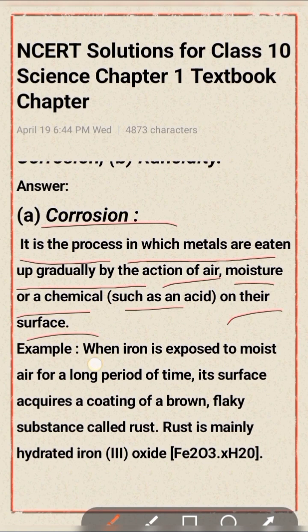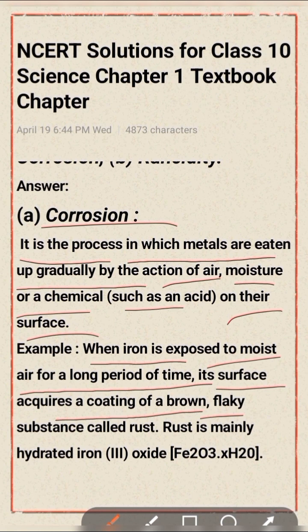For example, when iron is exposed to moisture and air for a long period of time, its surface acquires a coating of brown flaky substance called rust. That is, rust is mainly hydrated iron oxide, that is iron valency 3, Fe2O3 x H2O. x is a variable number.